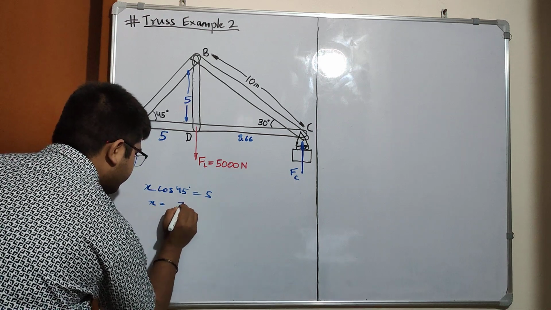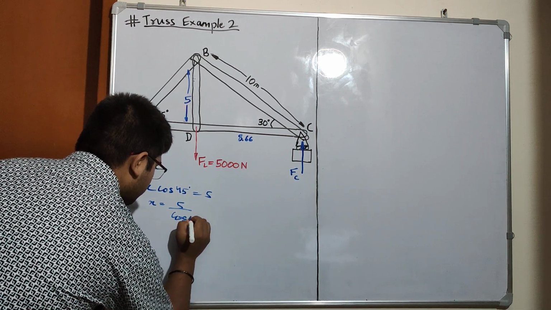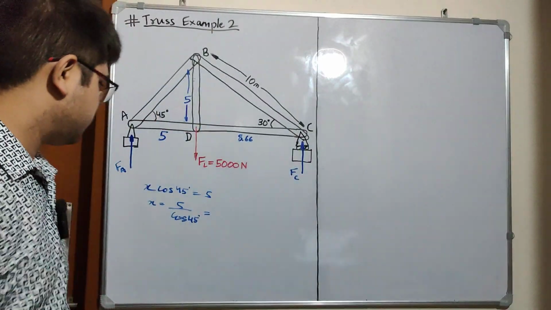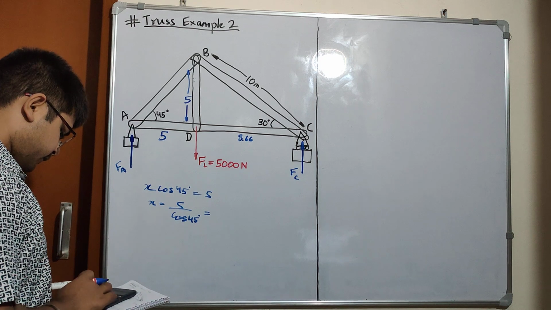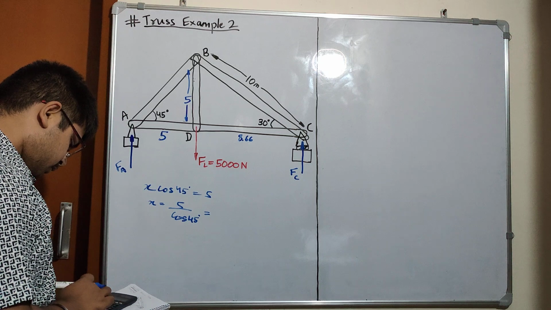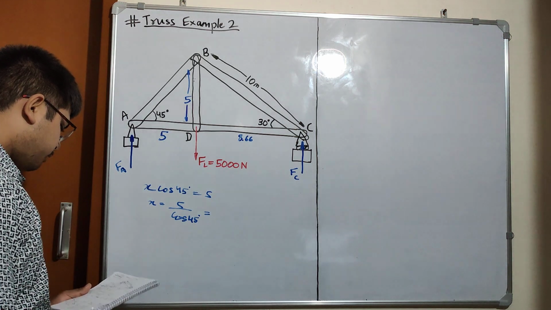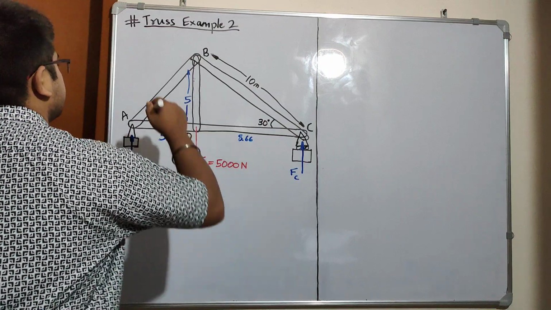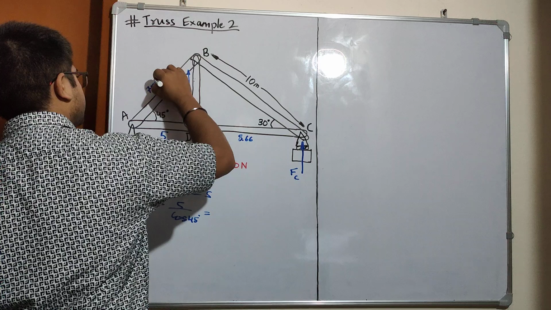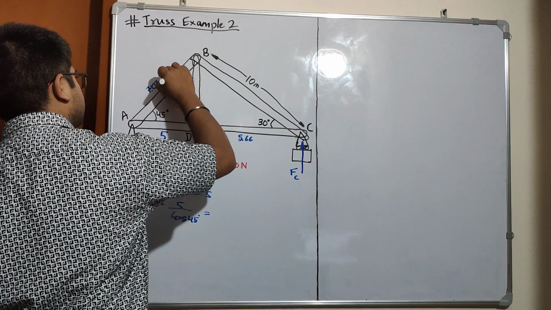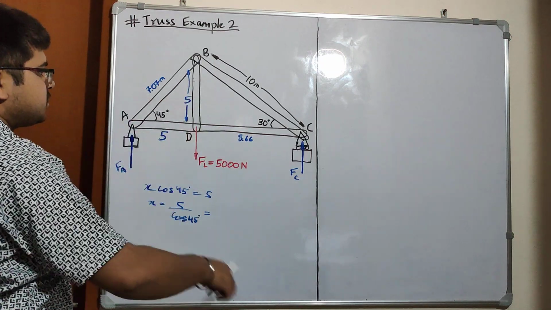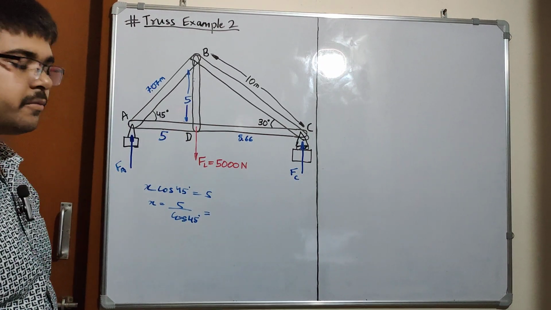So x is equal to 5 by cos 45, which is equal to 7.07. So this is 7.07 meters. So we have found all the dimensions in the truss. Now we can proceed further.